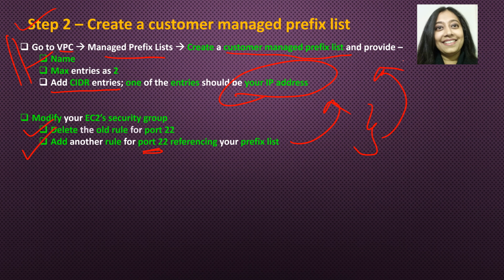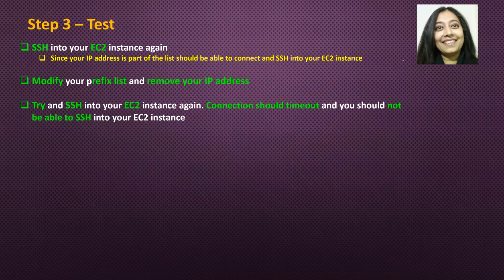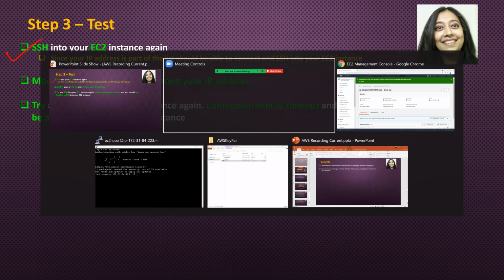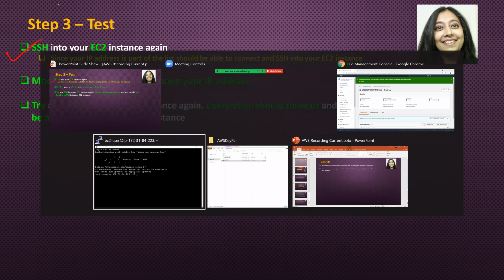And remember that one of the IP addresses, which is part of the prefix list, right, is your IP address. Hence, you should be able to successfully SSH into your EC2 instance again. So let us see if that is possible.